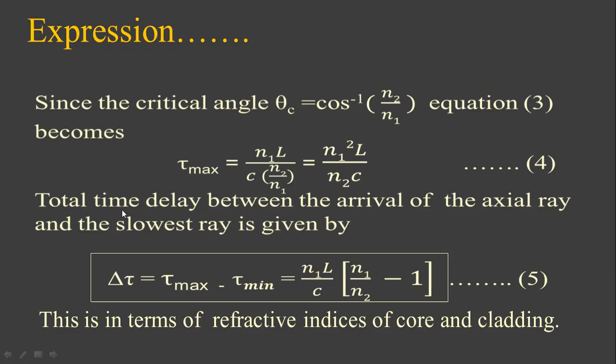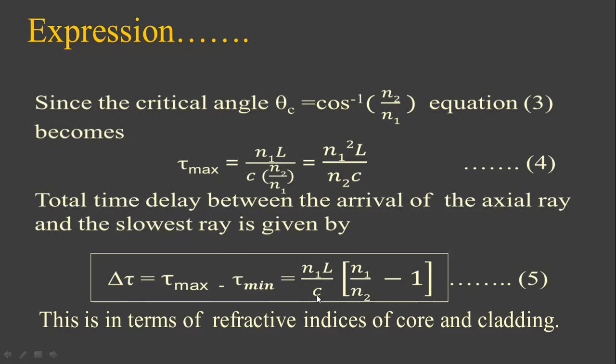The total time delay between the arrival of the axial ray and the slowest ray is given by delta tau, and this is equal to tau maximum minus tau minimum. So we have to subtract the minimum time from the maximum time.